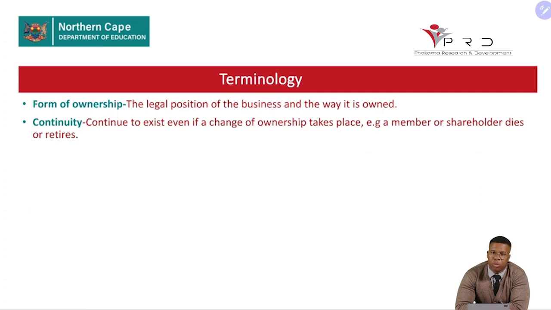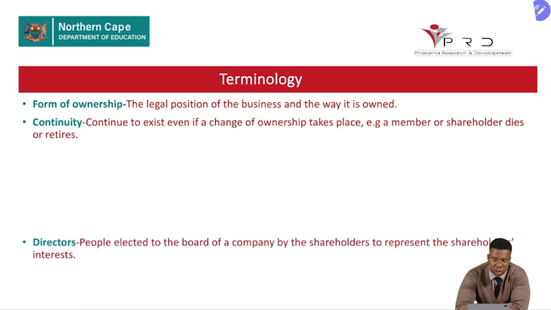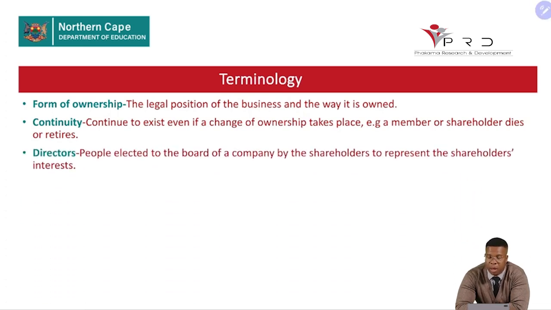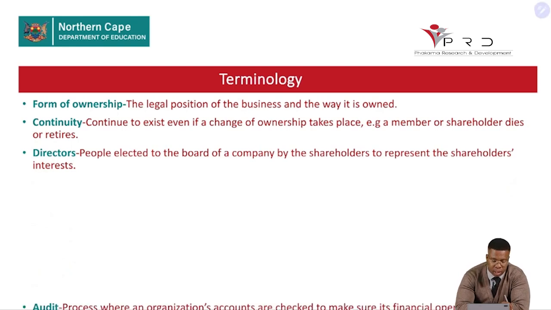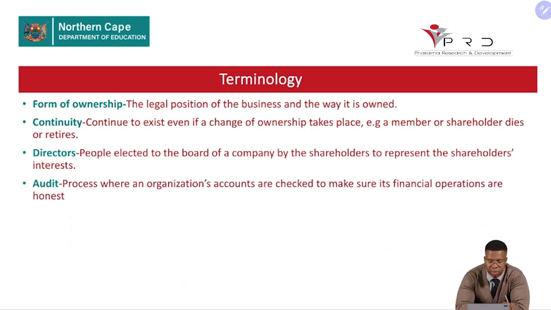That's what we mean with continuity, to say that that particular form of ownership would allow the business to continue to operate regardless of any change in ownership, if maybe a member or a shareholder passes away.